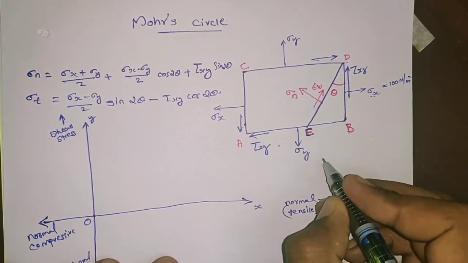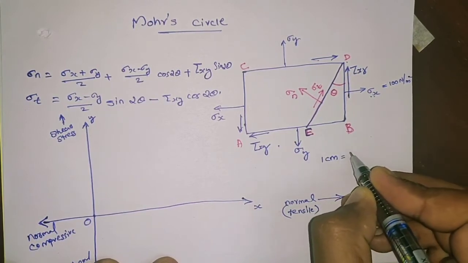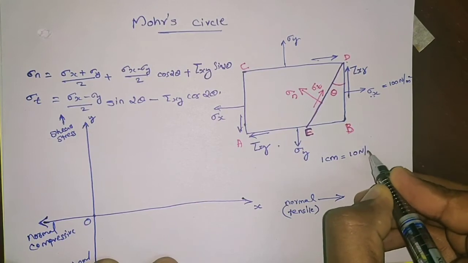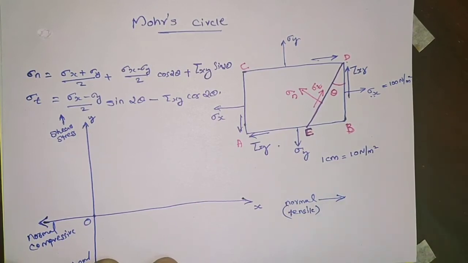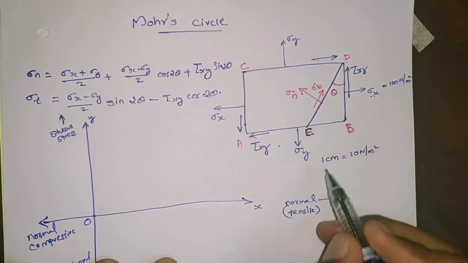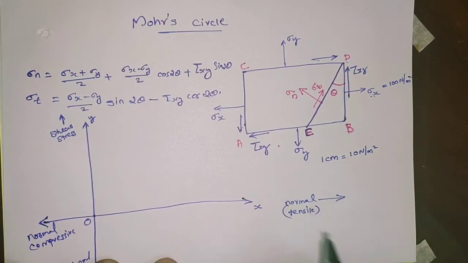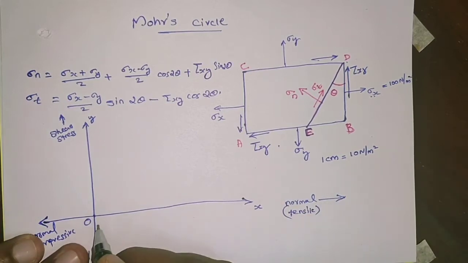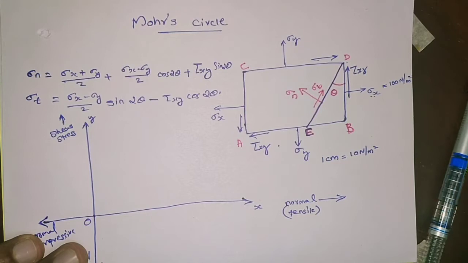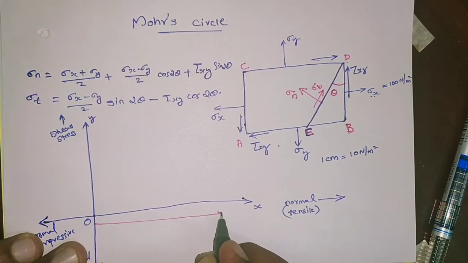So I am taking 1 centimeter is equal to 10 Newton per meter square. Here we have 100 Newton per meter square, so the total length will be 10 centimeter. Okay, so mark a point here.